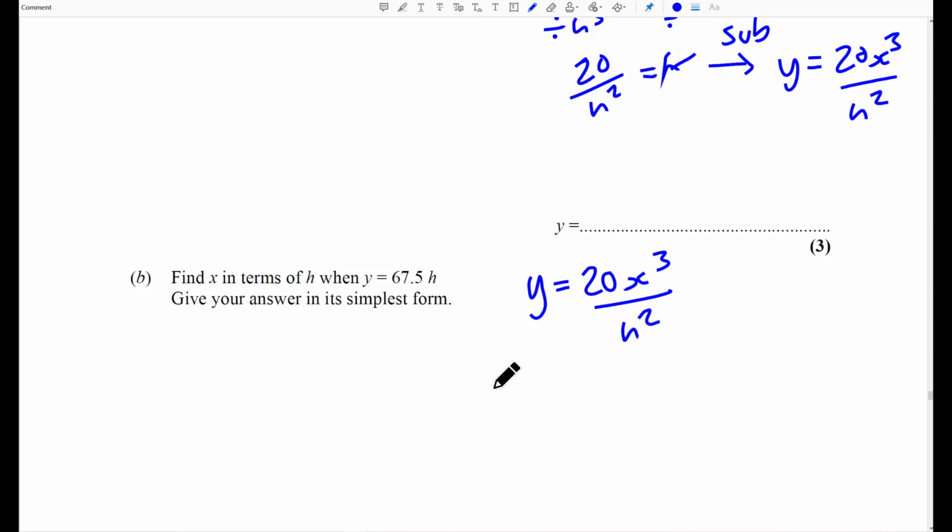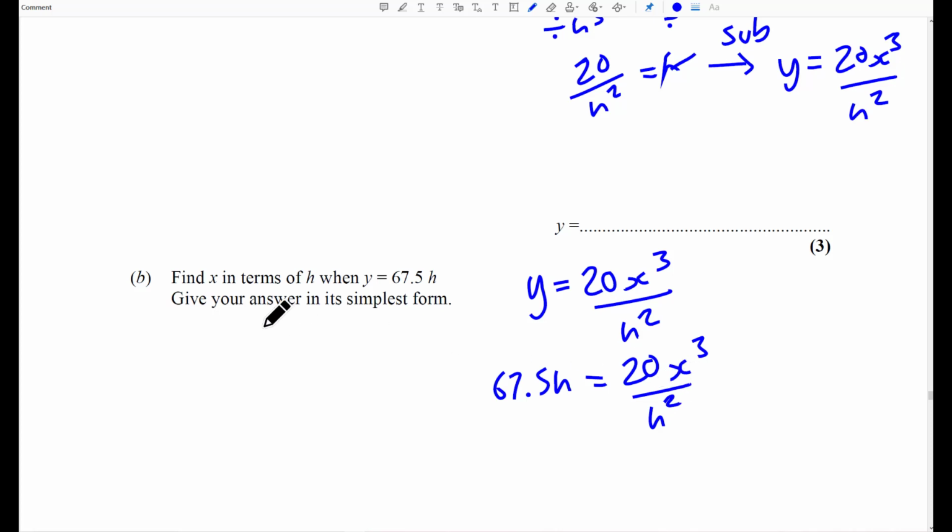When y equals 67.5h, 67.5h equals 20x cubed over h squared.